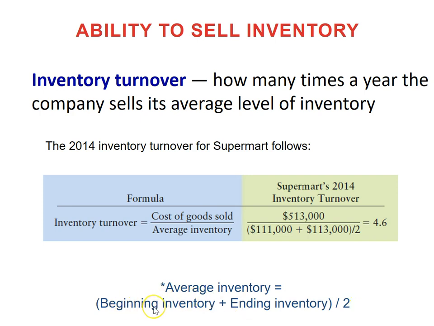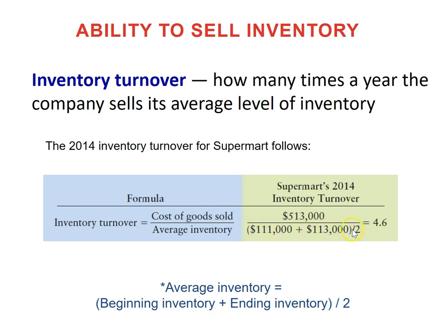Beginning inventory means your past year's inventory, and ending inventory means your current year's inventory. So to calculate the inventory turnover for Supermart for 2014, we will take 2013's inventory, add 2014's inventory, and then divide by 2.